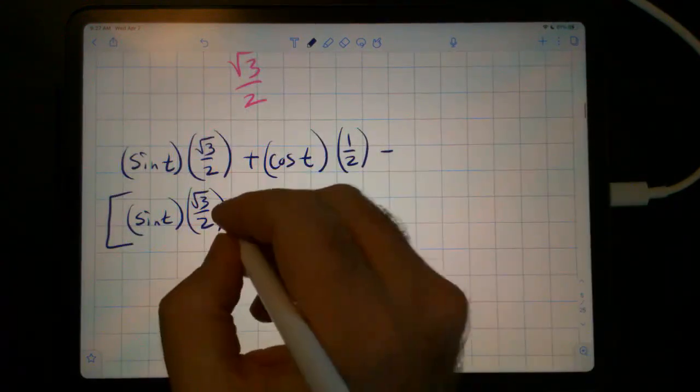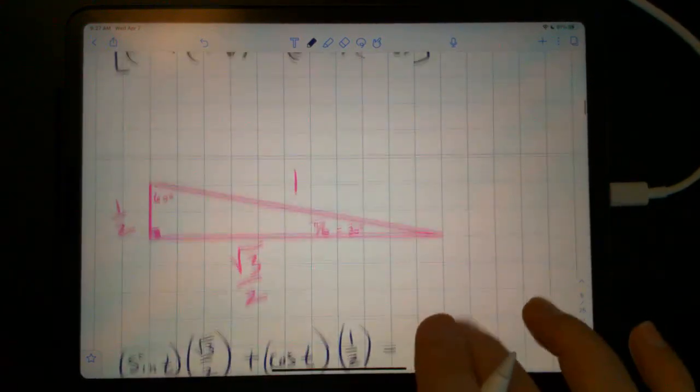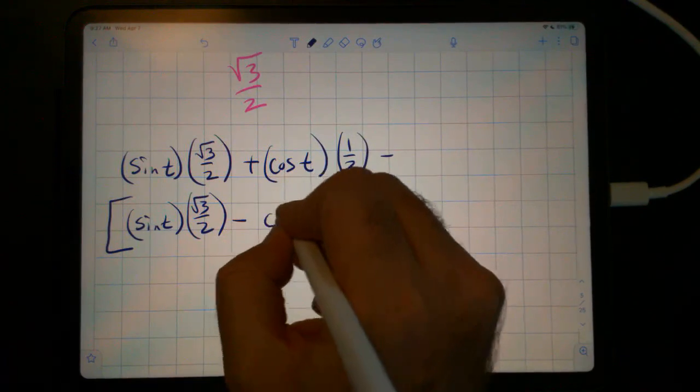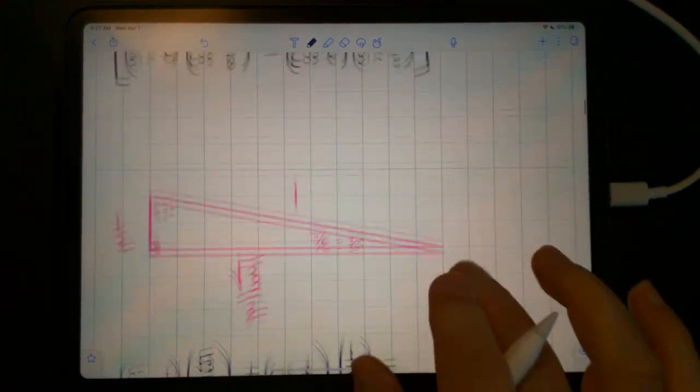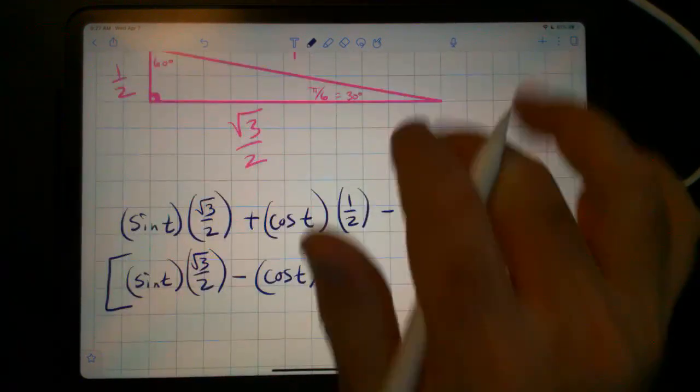And now we are subtracting cosine t. Sine of pi over 6 is 1/2.